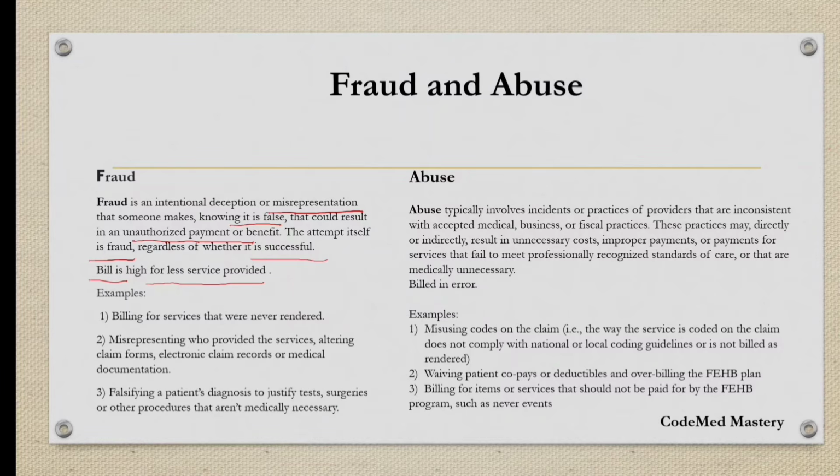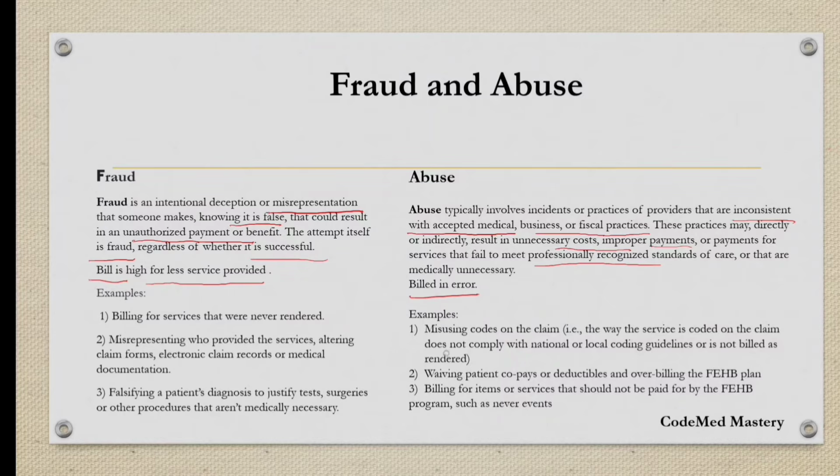Next, what is abuse? Abuse typically involves incidents or practices of providers that are inconsistent with accepted medical business or fiscal practices. These practices may directly or indirectly result in unnecessary cost, improper payments or payments for services that fail to meet professionally recognized standards. Abuse means usually billing in error.